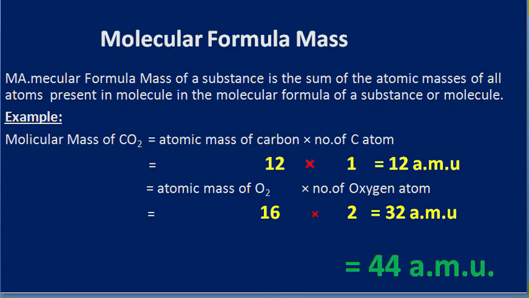Our next topic is molecular formula mass. The molecular formula mass of a substance is the sum of the atomic masses of all elements present in the molecular formula of a substance or molecule.